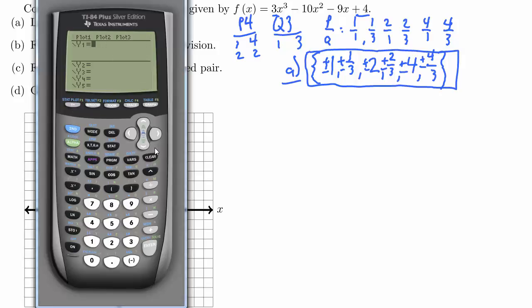If there is a function there, clear it off. And then type in 3x cubed minus 10x squared minus 9x plus 4. Now notice if it automatically puts your exponents up there, you need to do the right arrow to get out from your exponent.